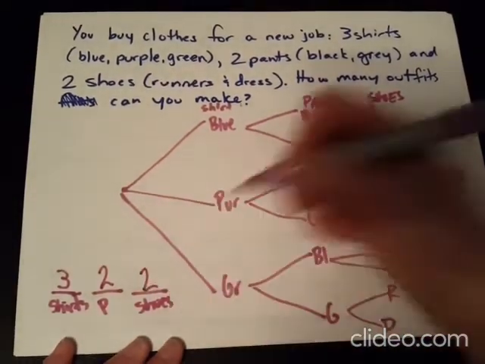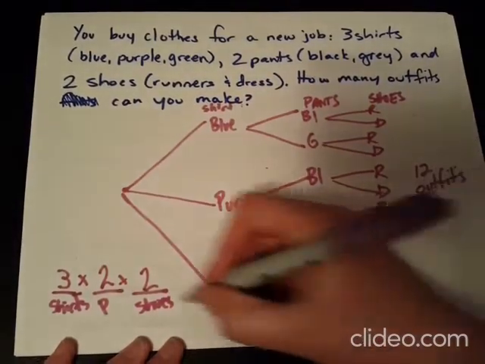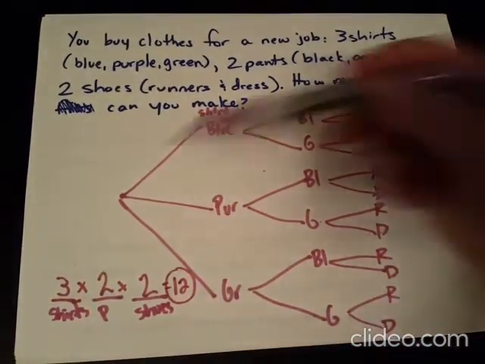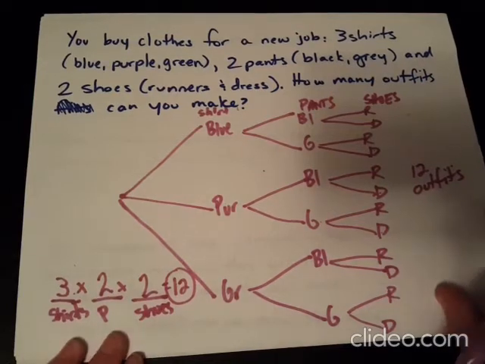And there's 2 kinds of shoes. And if we multiply those together, we also get 12. So this idea of multiplying through to get the total possibilities, unique possibilities, that's called our fundamental counting principle.